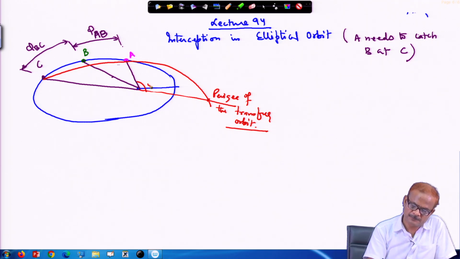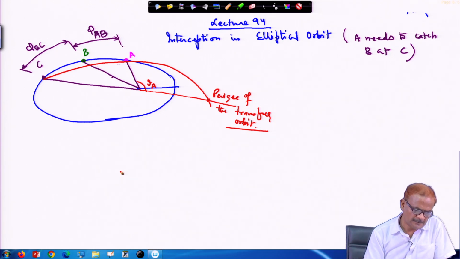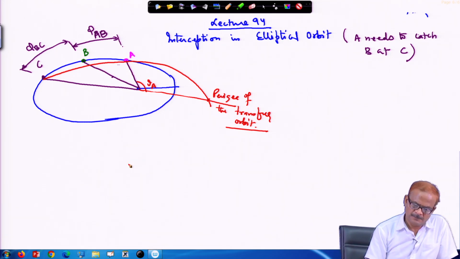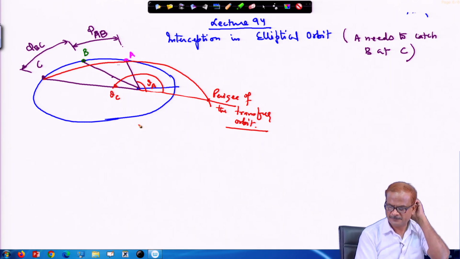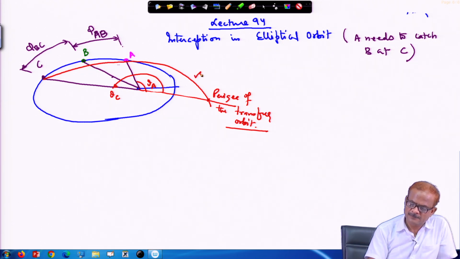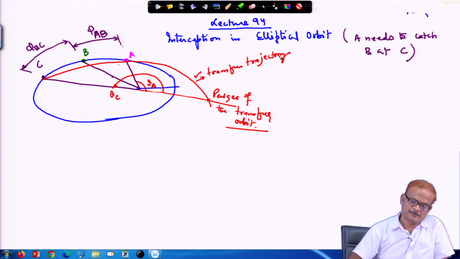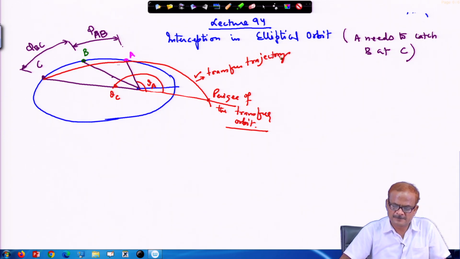The location of A from the perigee we can write as theta A, and similarly the location of C from this perigee will be theta C. We are not worried about theta B, because B does not lie on the transfer trajectory. So, this is your transfer trajectory.